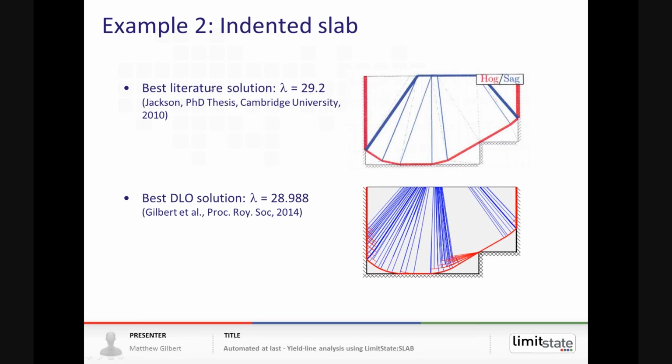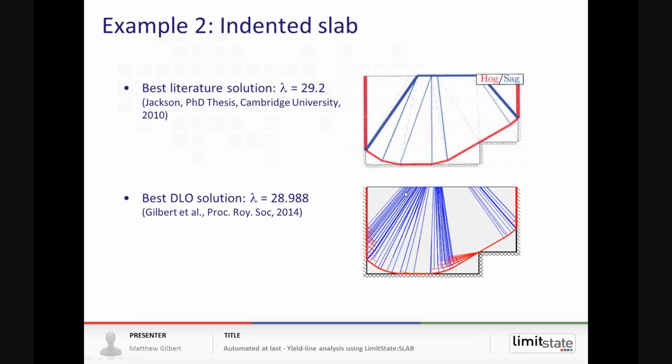His solution was 29.2 for this, and you can see actually that our DLO solution, the best that we got, was actually slightly lower than his solution. The trade-off being that the mechanism that we identified using discontinuity layout optimization is actually more complex than the one that he had presented previously.